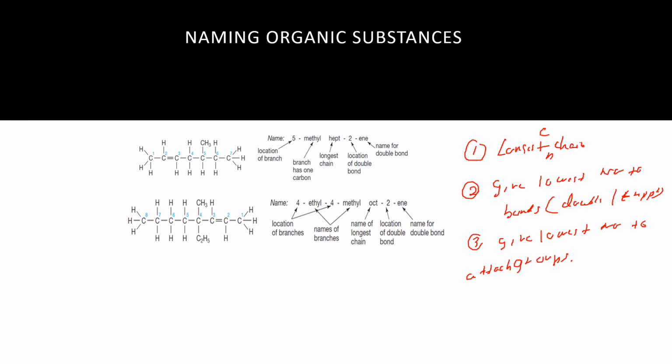For example, over here you can see this double bond. According to the rules, give the lowest number to the bonds. To give the lowest number, you have to count from the left-hand side: 1, 2, 3, 4. Counting the other way it would be 6, so this way it is 2. We also give the lowest number for the methyl, so this one is 5-methylhept-2-ene.